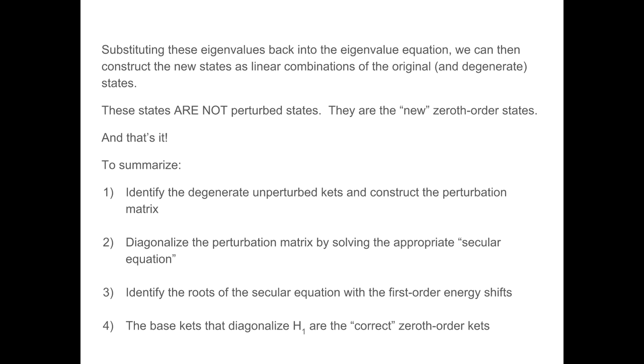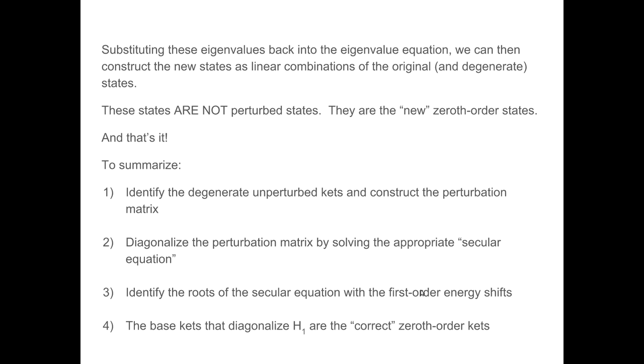From there, it's pretty much turning the crank. You want to diagonalize that perturbation matrix by solving the secular equation, which is much like the characteristic equation. Then we identify the roots of this equation as the first order energy shifts, which we've seen a couple of times now.